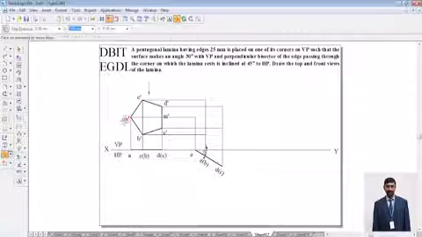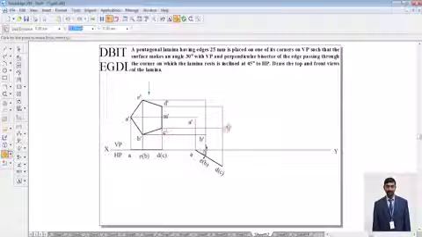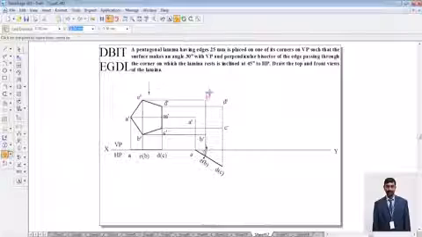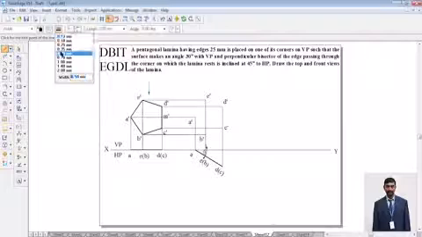So this is A dash, B dash, C dash, D dash, E dash. So now I'm going to join these corners using thick line.